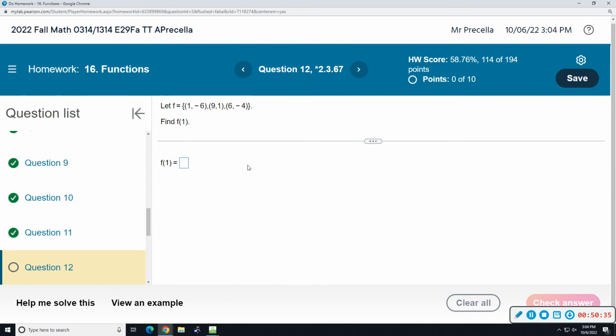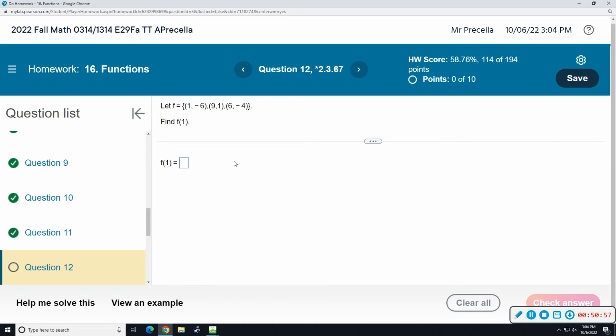I'll give you a hint. Is the answer going to be negative 6 or 9? The number in the parentheses is 1. And is it an x or a y? No. The number in the parentheses is always x.